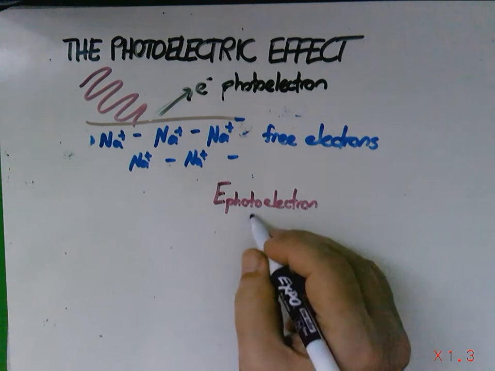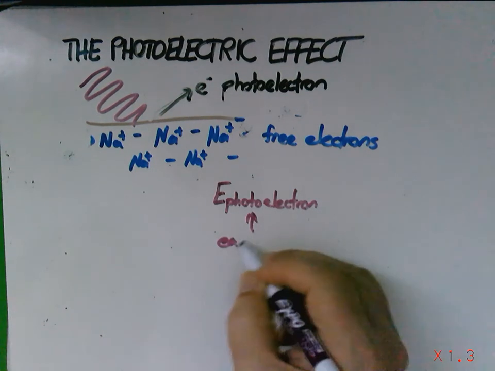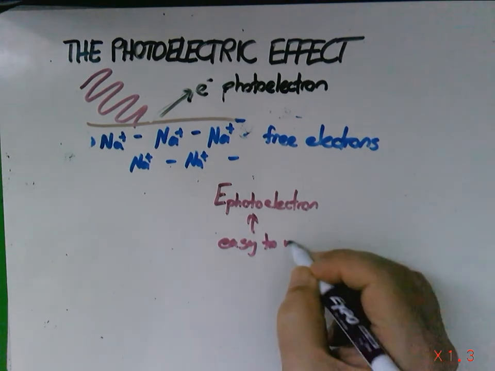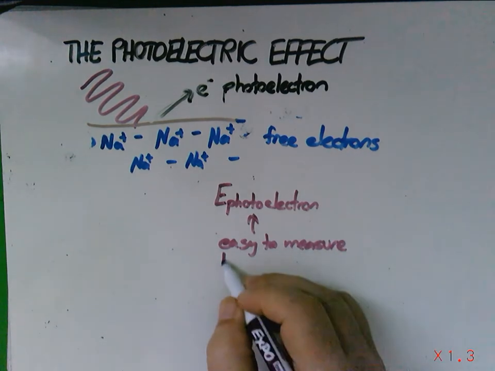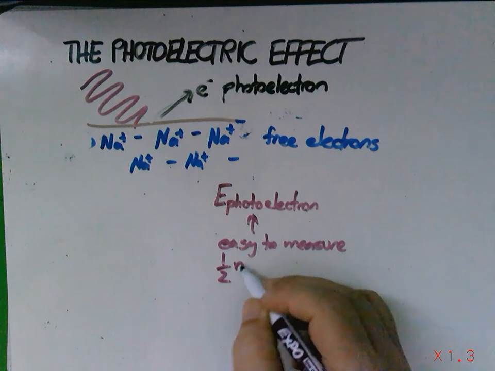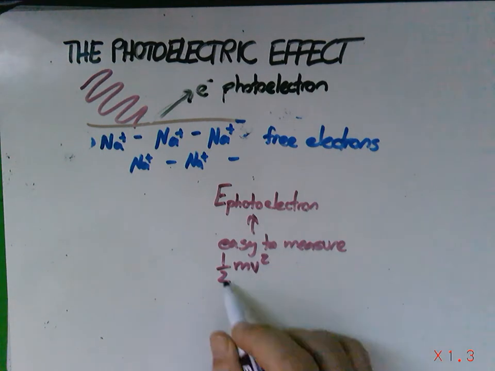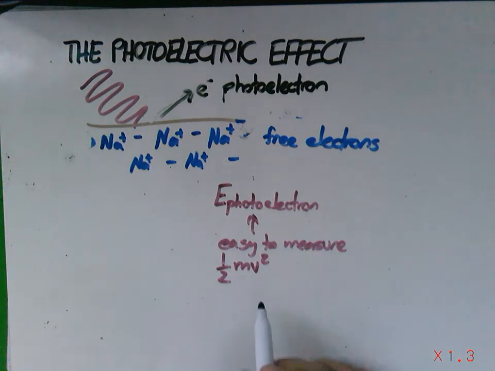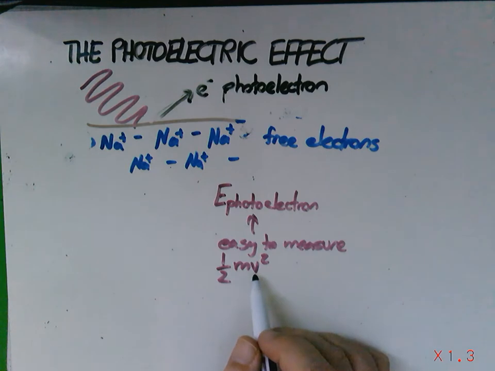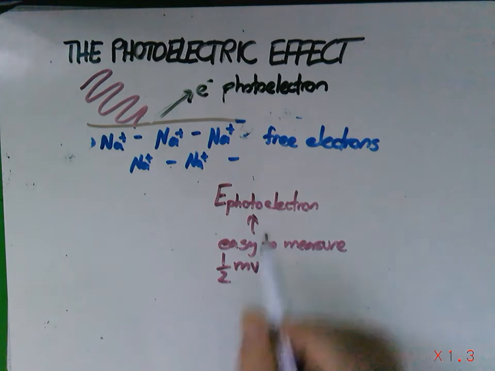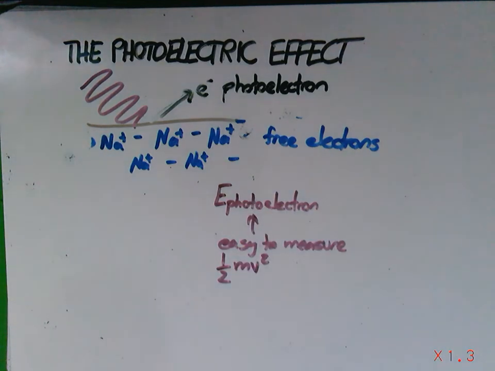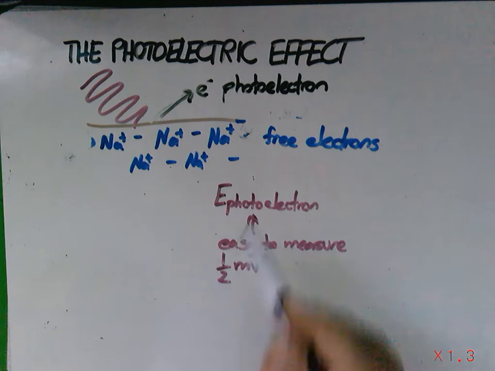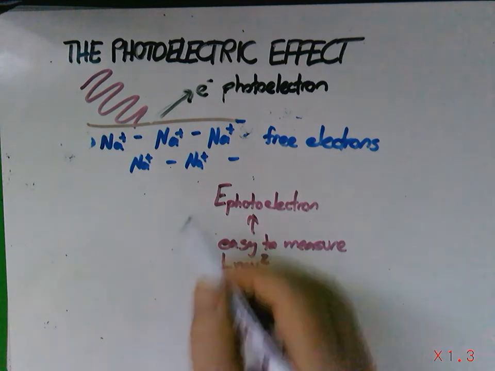Easy to measure. If you wanted to relate it to the actual photoelectron, kinetic energy is 1/2 mv squared, where m is the mass of the electron and v is the speed. So the more energy that this thing has, the more speed it's got, and the bigger the electric current that you would measure. So it's easy to get that experimentally.